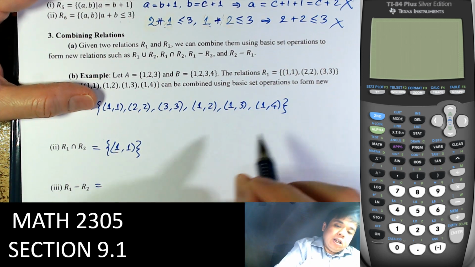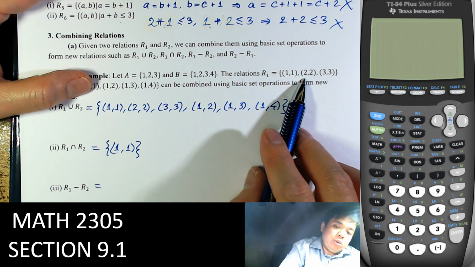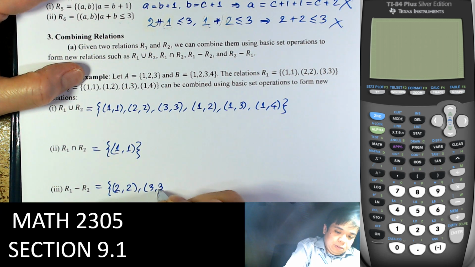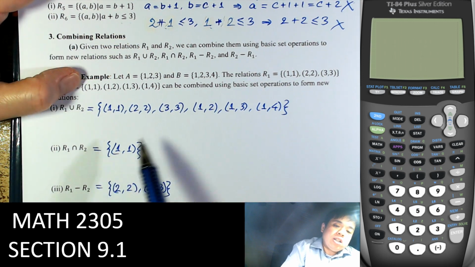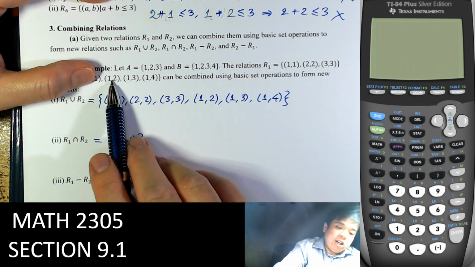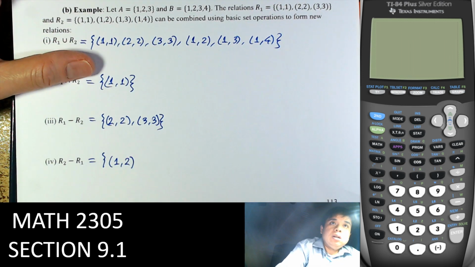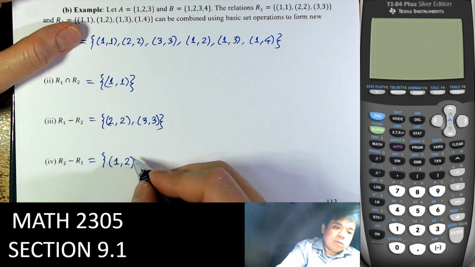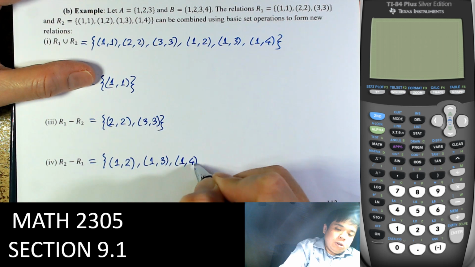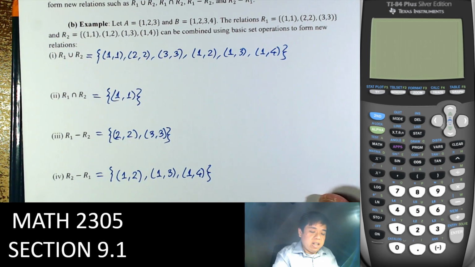The difference in R1 but not in R2, so in here but not in here. That will be 2 and 2 and 3 and 3. And R2 minus R1, so in here but not there. They have the 1, 1 in common. Other than that, these 3 are in R2 but not in R1. So just like what we did before with the operations on sets.